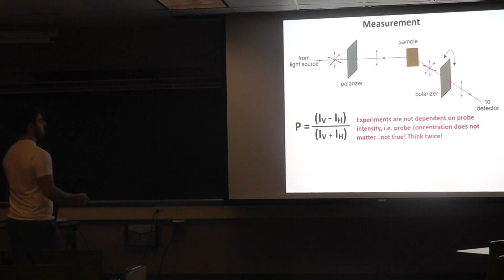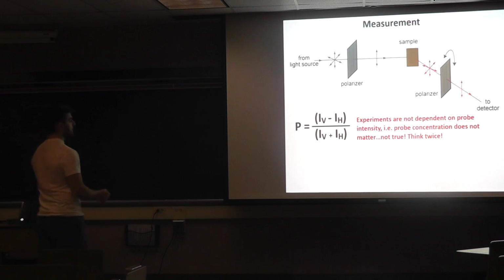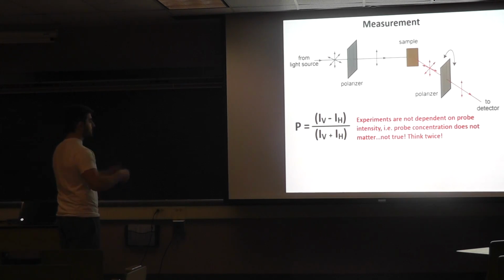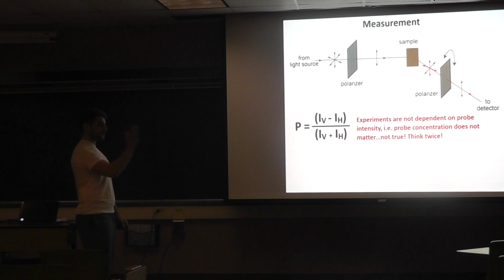So this is as basic as it gets. Here you have your sample. You have a light source. Initially, your light will be highly depolarized, so you have light going in every direction. Between the sample and your source, you have a polarizer. So you're basically choosing a certain wavelength in a certain direction. So you have vertical light going through your sample. Once it hits the sample, depending on whether your probe is bound or not bound to a larger receptor, this vertical light will be either highly depolarized or it will stay polarized.